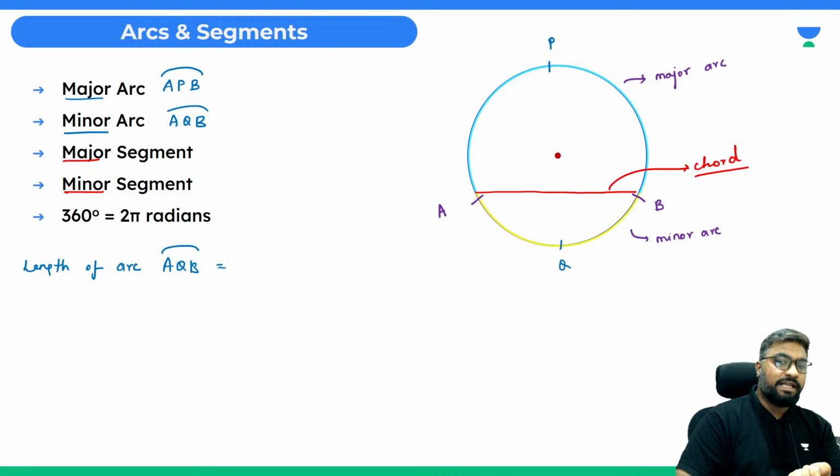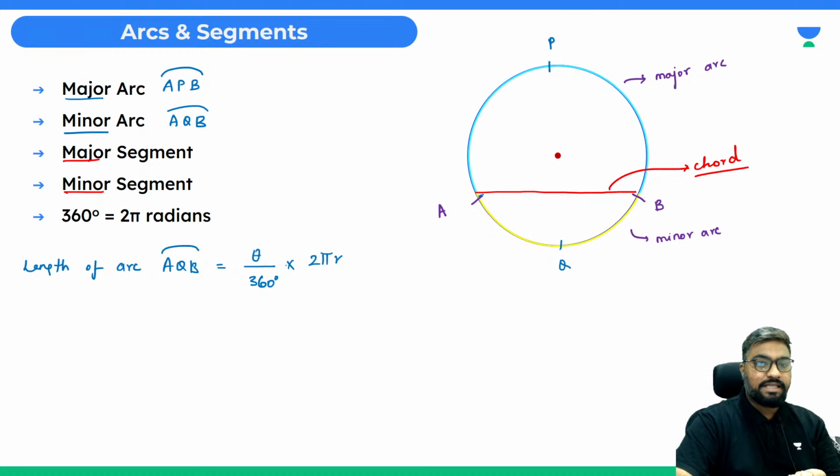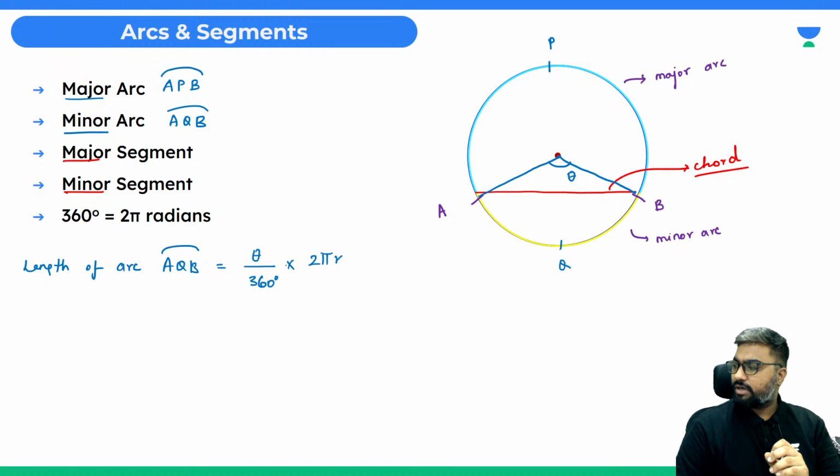So this will basically be equal to theta by 360 into the circumference of the circle, which is 2 pi r. Yes, जहां पे theta क्या है? Theta is the angle that is formed at the center by the arc. The angle subtended at the center by this arc, this angle is theta. We call it the central angle. Able to get this, guys?